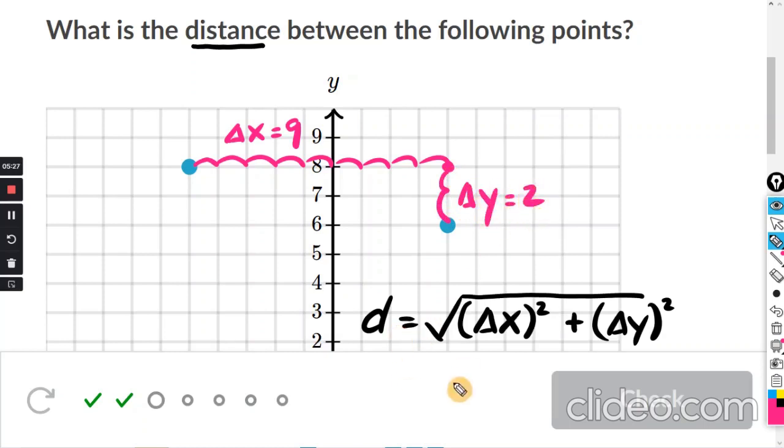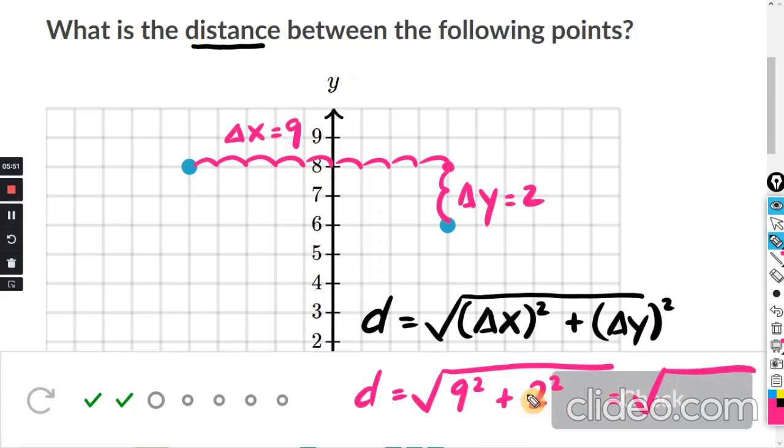All right, and now it's easy. We can use our formula. The distance is going to be the square root. Change in x squared is going to be 9 squared. Change in y squared is going to be 2 squared. All right, let's see. 9 times 9 is 81. 2 times 2 is 4.